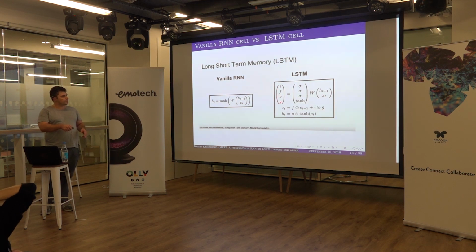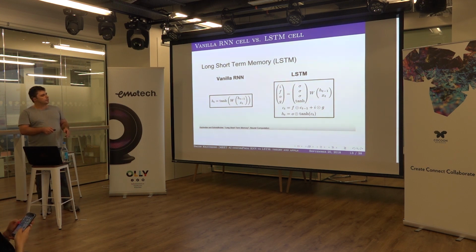It has these 4 gates, and for each state it has a different activation function, and it has a matrix W. This matrix W can be separated into several matrices, but it's more convenient just to stack these matrices on top of each other and then multiply by the concatenation of these two vectors, ht minus 1, which is from the previous step, and xt, which is the current input.